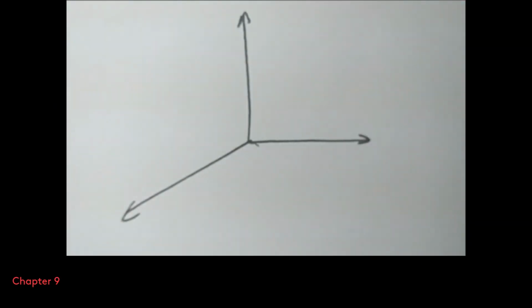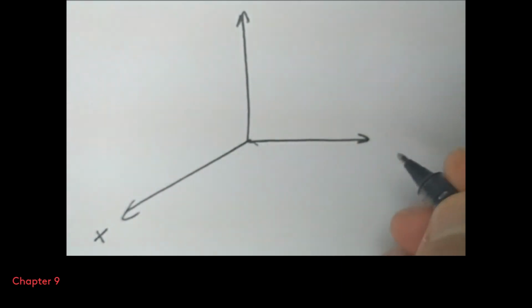So let's say that we have an orthogonal coordinate system, so this is x, this is y, and the vertical one is z. And then let's draw a unit cube on it.